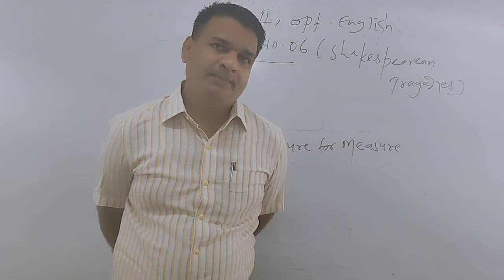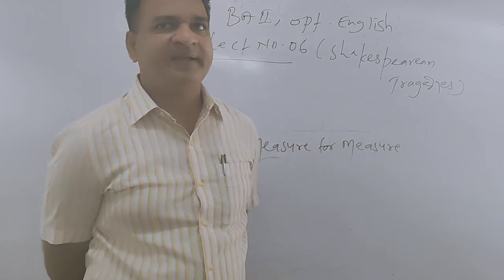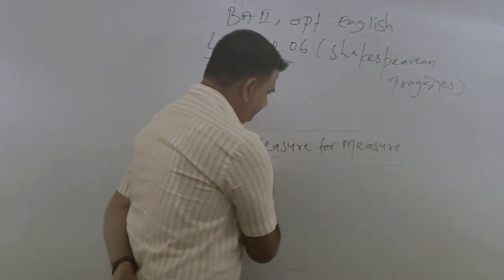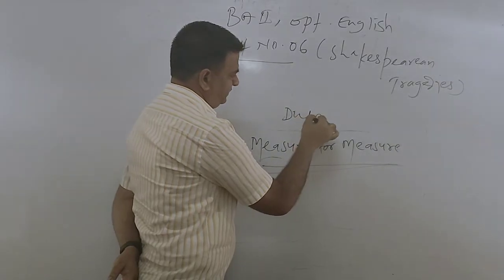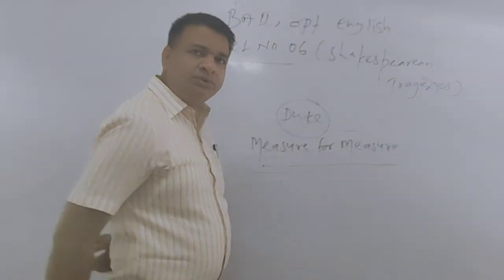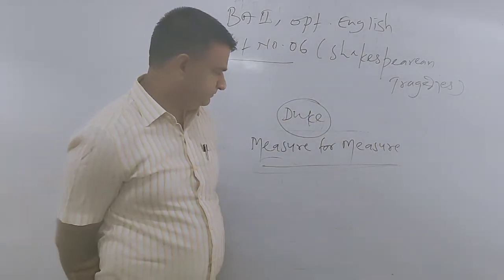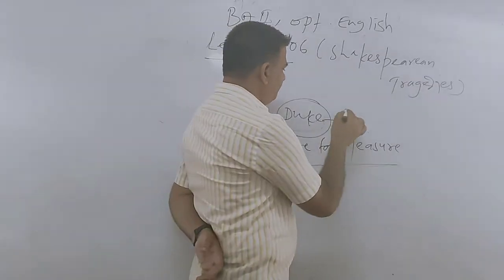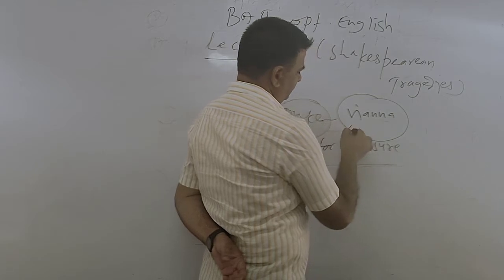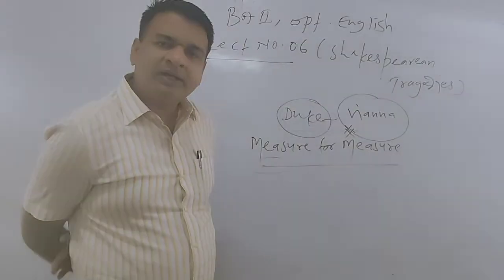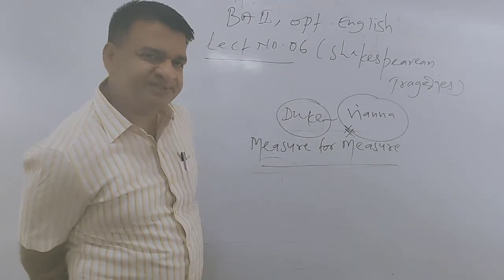What happened? Here also we have a character like Antonio in Measure for Measure, in this the Duke, the King of Vienna. It was the story of Vienna, while the earlier was about Venice.